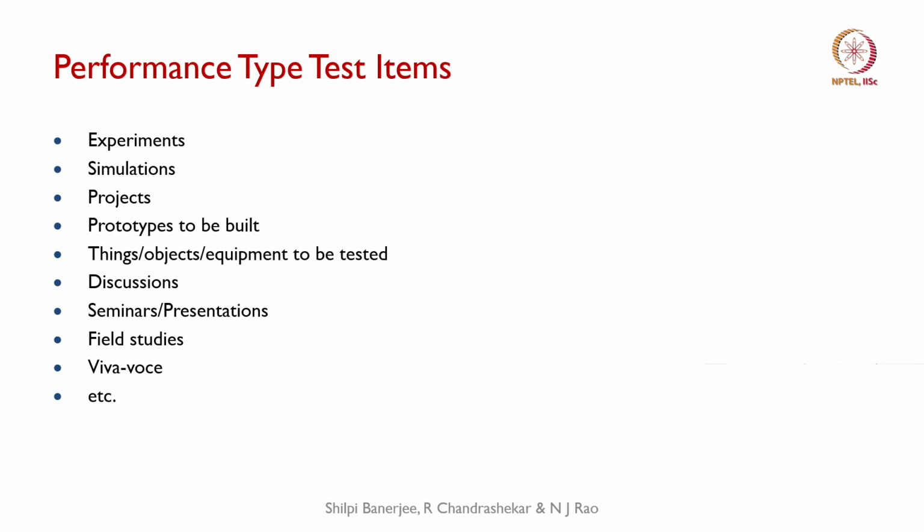Then prototypes to be built. You are required to, let's say, build a circuit, make a model in the workshop, and so on. These prototypes can again be different, depends on your skill as well as its correspondence to the specifications given to you to build the prototype.